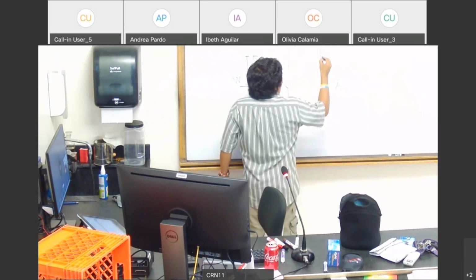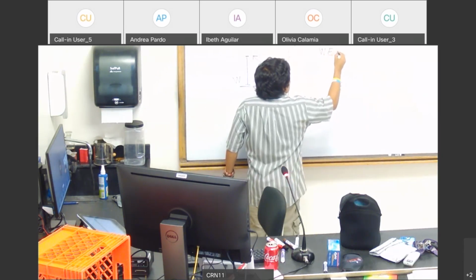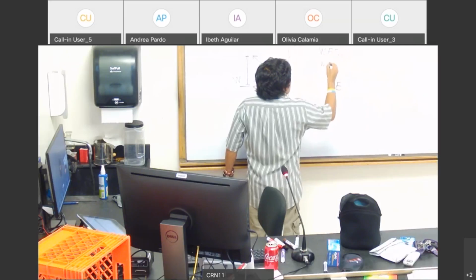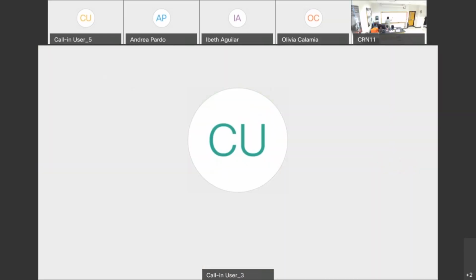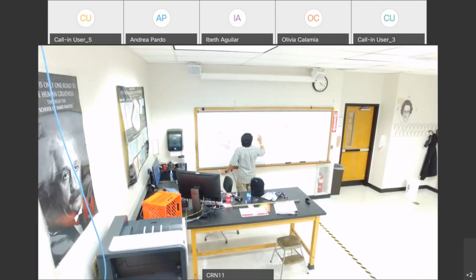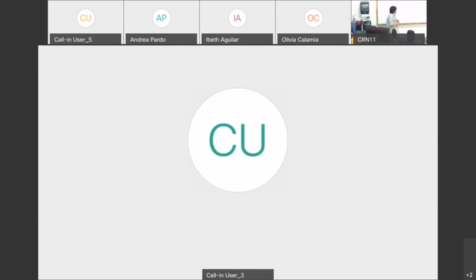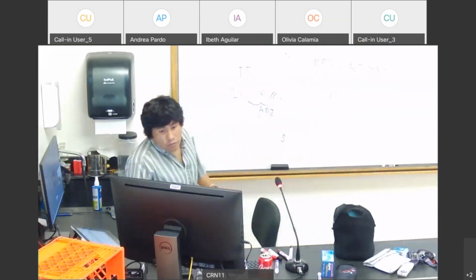So the westward component will be 50, the magnitude of the vector, times cosine of 61, because that's the adjacent. Here, right? This.